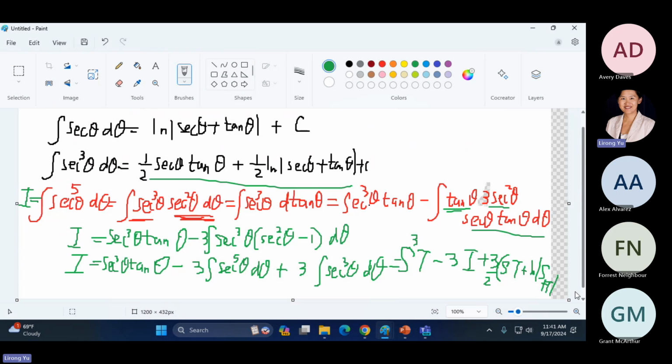This is too much. Now we can move the I to the right side of the equation. We have 4I equal to secant cube times tangent plus this, and we divide both sides by 4. That's how we can calculate the secant to the fifth.